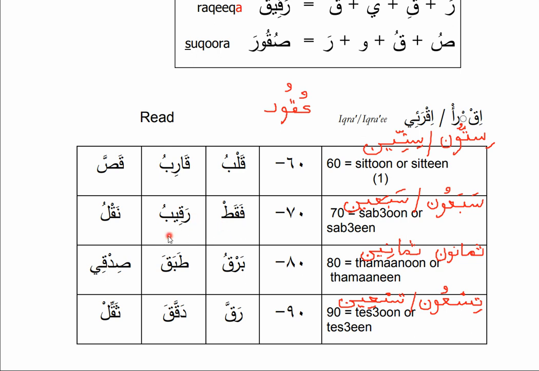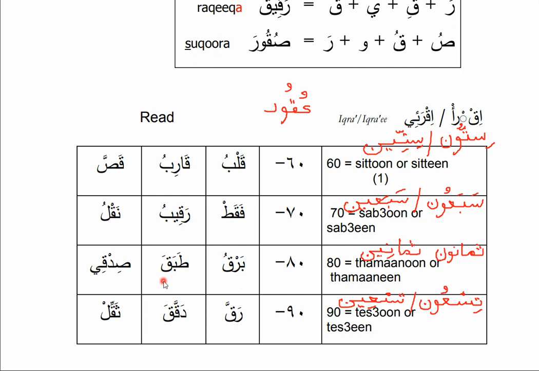Now raqibu, naqalu, barqu. Now this letter ra is not from the qalqala letters, so you cannot shake the sound of ra. You cannot pronounce it as baraqu. Here you will pause on the sound. Bar, barqu. You will pause on the sound of ra.